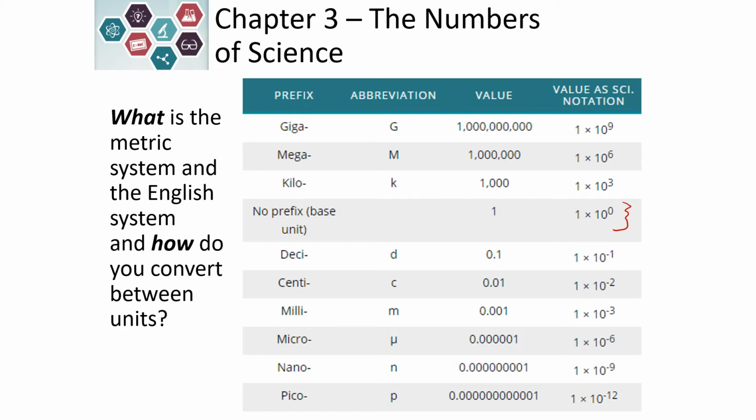If we start at a unit and go up the table, that means our answer gets smaller. If we start at a unit and we move down the table, because the units are smaller, that means that our answer gets larger.